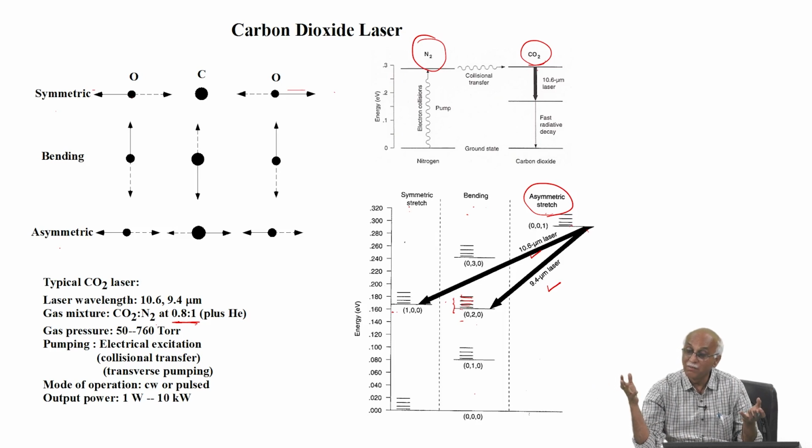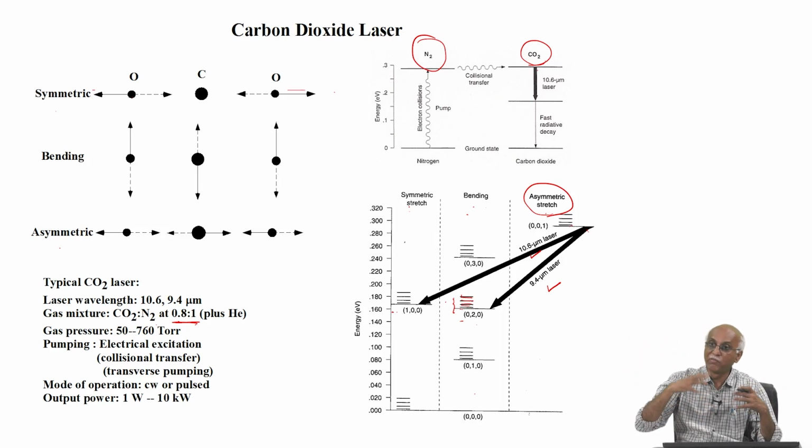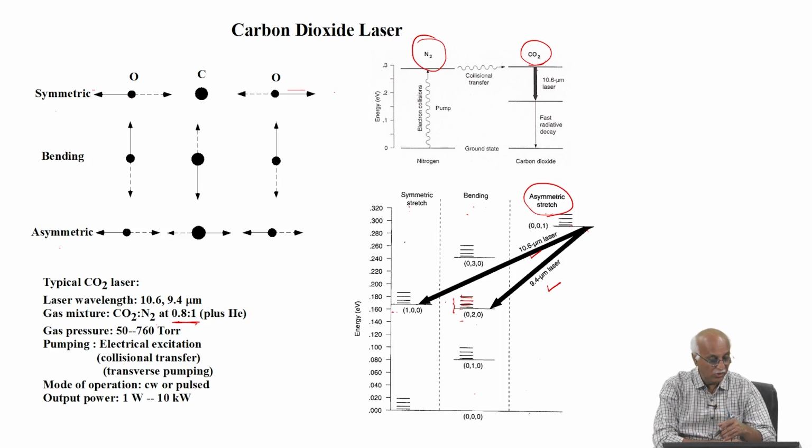So it is possible to even get the CO2 from the atmosphere and use it for such purposes. And this CO2 laser was in fact discovered by Kumar Patel, who is Indian born but in the USA, in 1964 or so, 1962 or 1964.